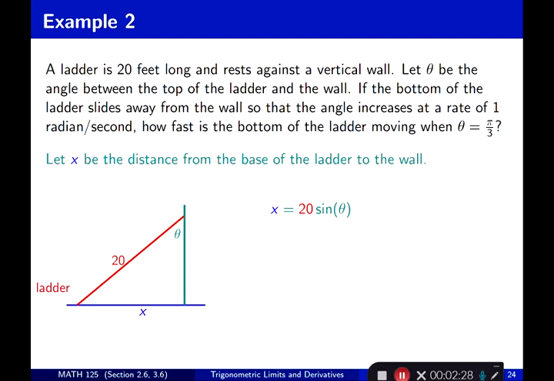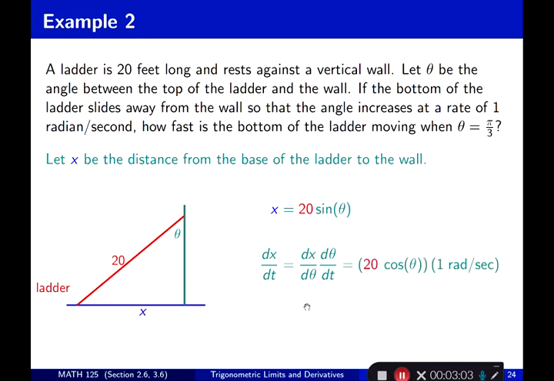Now, if you take the derivative of both sides with respect to time, the derivative of x with respect to time is going to be dx/dt. And that is the derivative of x with respect to theta times the derivative of theta with respect to time.